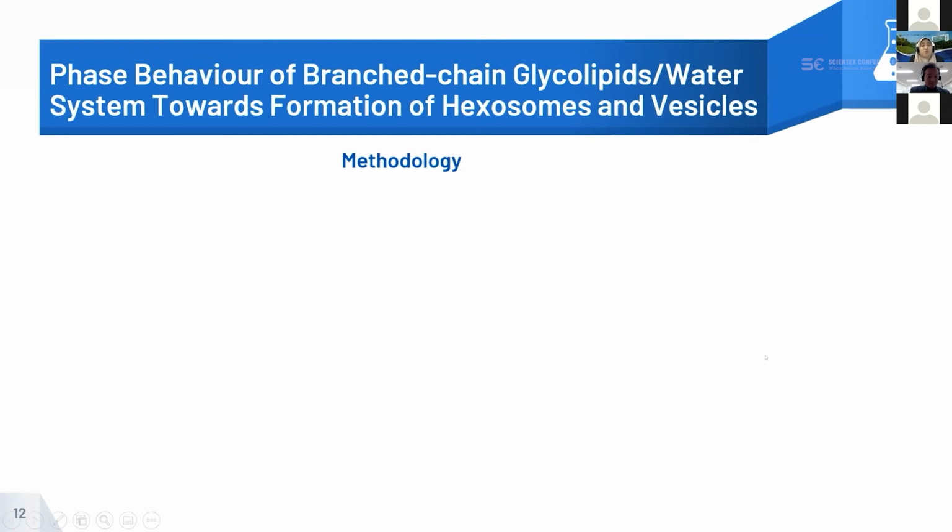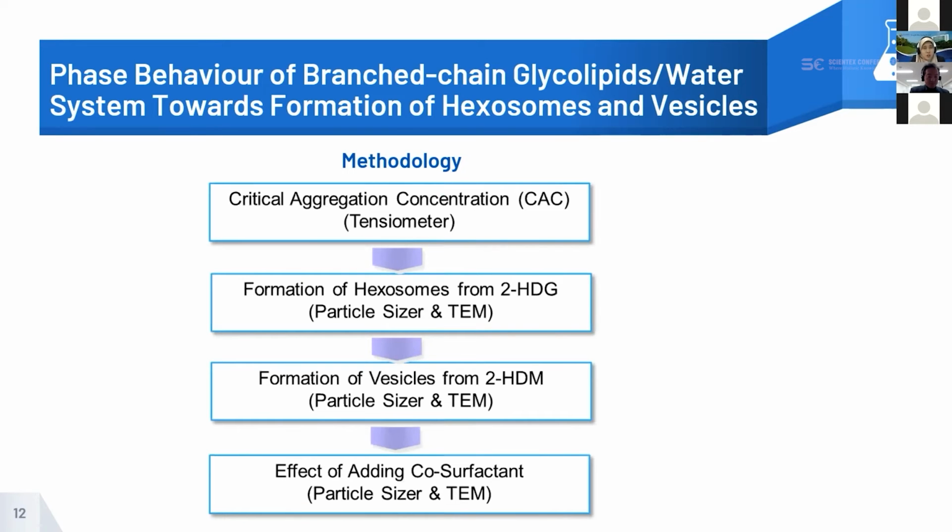Now let's move to the second part, the phase behavior of the branched glycolipid-water system towards the formation of hexosomes and vesicles. Here are the techniques implemented in the measurement. The first is the critical aggregation concentration by tensiometer. Secondly is the formation of hexosomes from 2-hexadecyl glucoside.